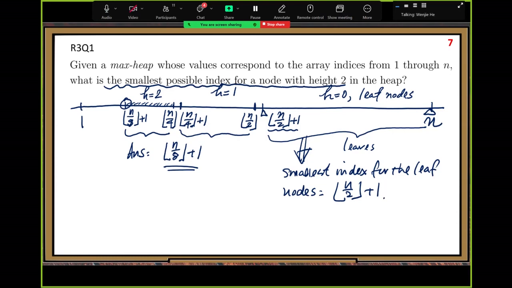And sometimes I ask you about the smallest.